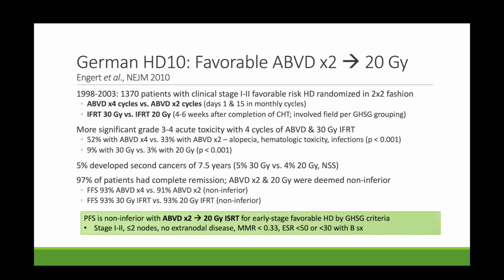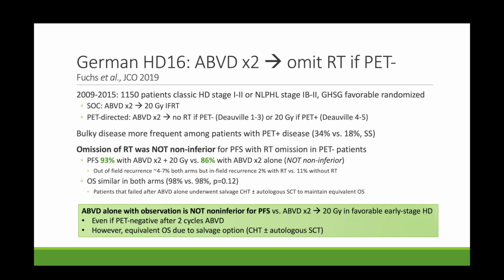And then if they met those criteria, per the German HD10 trial, ABVD times 2 followed by 20 gray of ISRT was non-inferior. HD10 was done in a pre-PET era. So we were not using PET scans to assess the response to upfront chemotherapy.